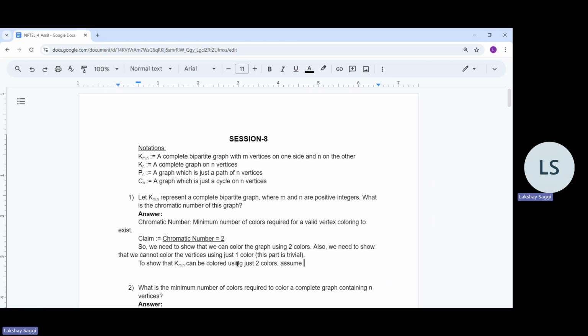Let's just assume there are 2 colors given to us, and we'll show that given 2 colors, we can color the vertices. And the intuitive high level idea is that we can color one set of the bipartite graph as 1 color and the second set as the second color.